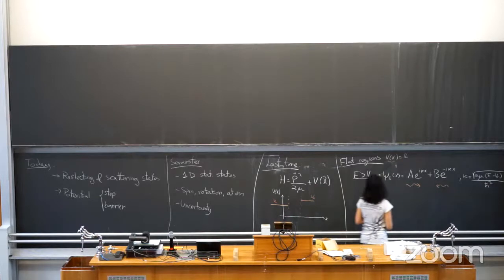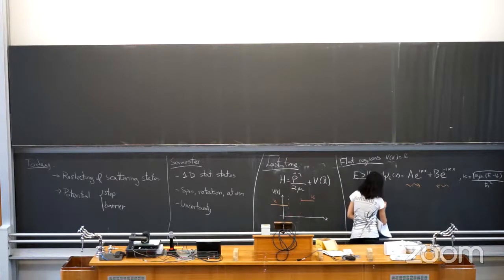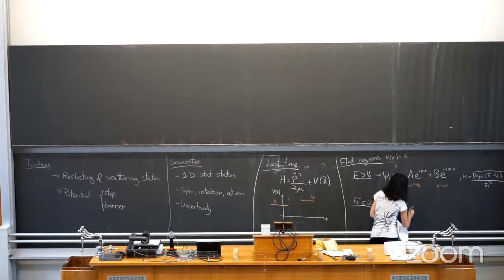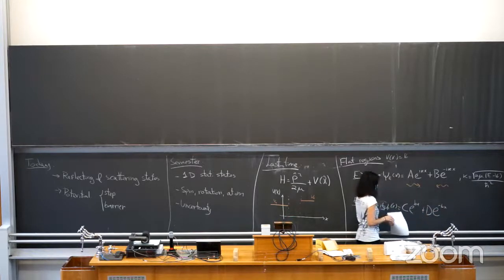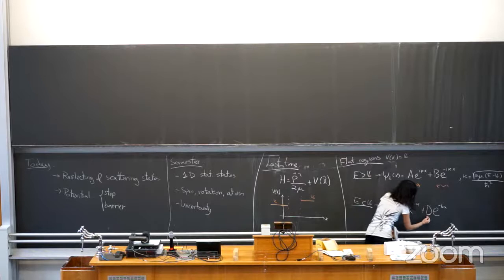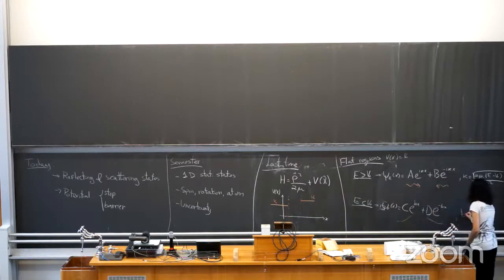For E smaller than V0, remember, we're just solving the Schrödinger equation for stationary states, so then you get real exponentials, e to the minus kx plus d e to the kx, which corresponds to decay. And the right side is the same thing, except we flip the sign, so V0 minus E, so it's still positive.